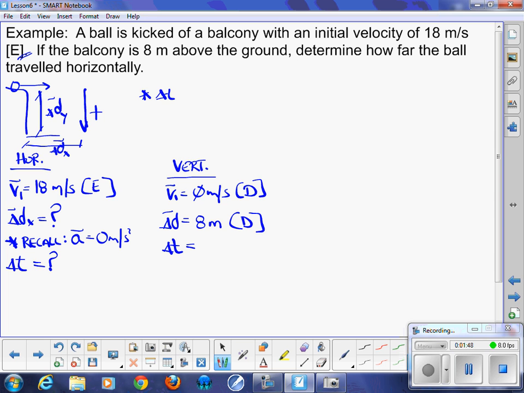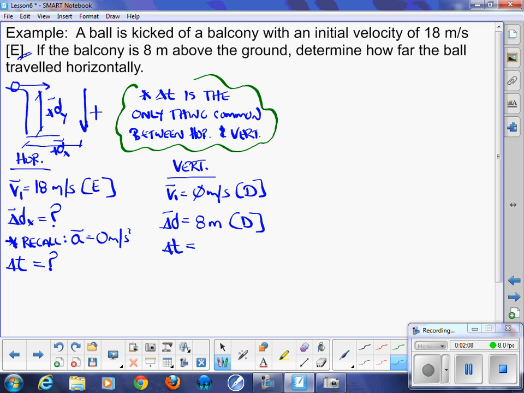So delta t is the only thing common between the horizontal and the vertical. We must know one more piece of information, and it's that inferred piece of information: the acceleration due to gravity.